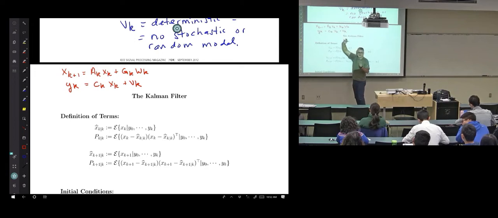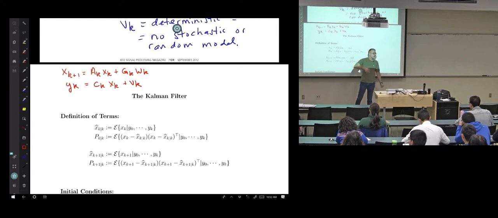If the state model is super accurate and the measurements have lots of noise, then your corrections will be very slow in the measurements because you don't trust them very much. And if there's a lot of uncertainty here and the measurements are very accurate, you'll do very fast updates because you trust your sensors.